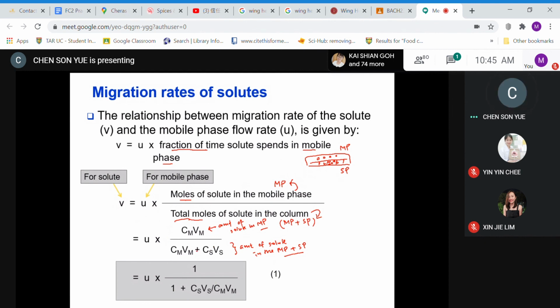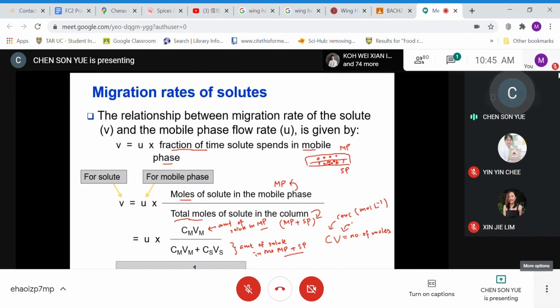Now remember, CM VM is about the number of moles, or CV actually is the number of moles. Because C is concentration, for example how many moles per liter.